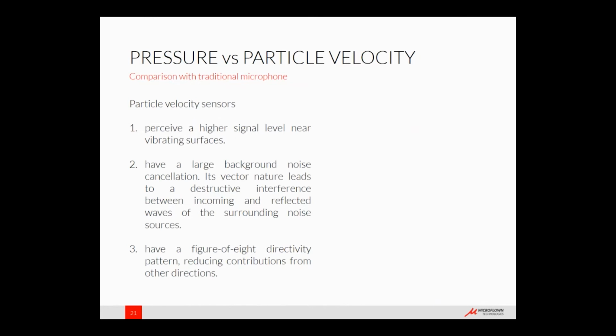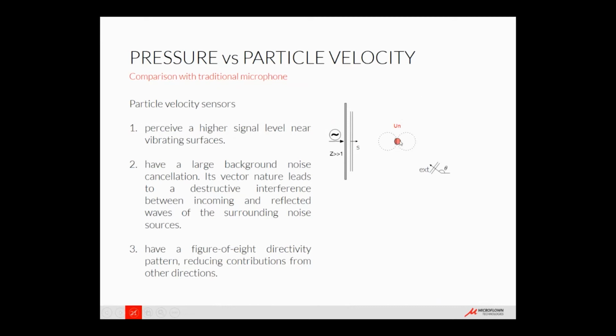But with particle velocity, we have a so-called figure-of-8 polar pattern. And so it's sensitive to sound in one direction. If sound comes more under an angle, it will be less sensitive to pick up the sound. And if sound comes from this side, it will not be susceptible and sensitive to it.